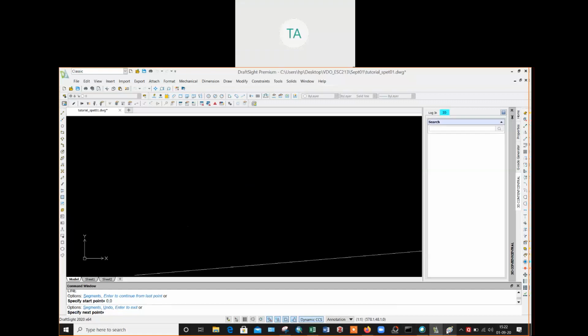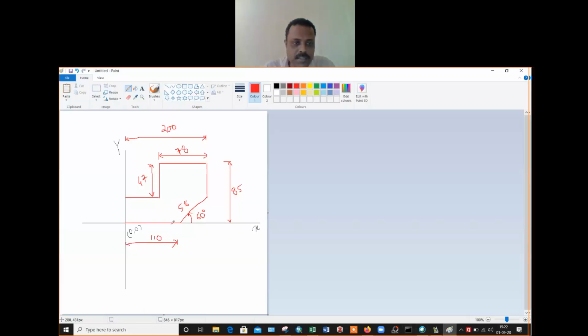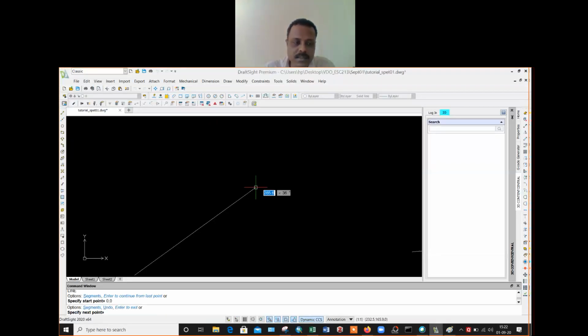And then how far should I go along this line? 110 mm. So for the next point, you can write @ 110. What should be my angle?